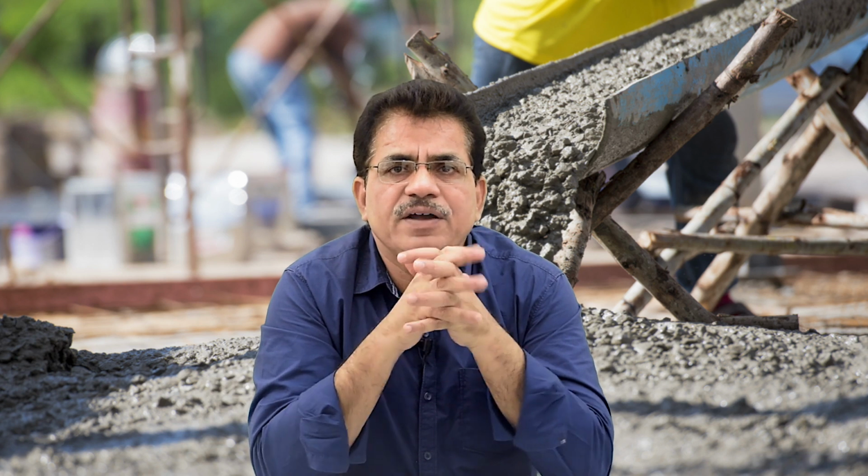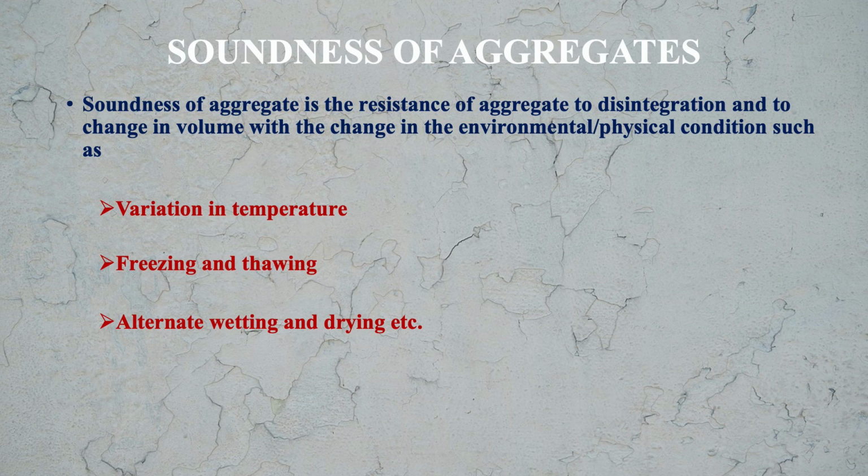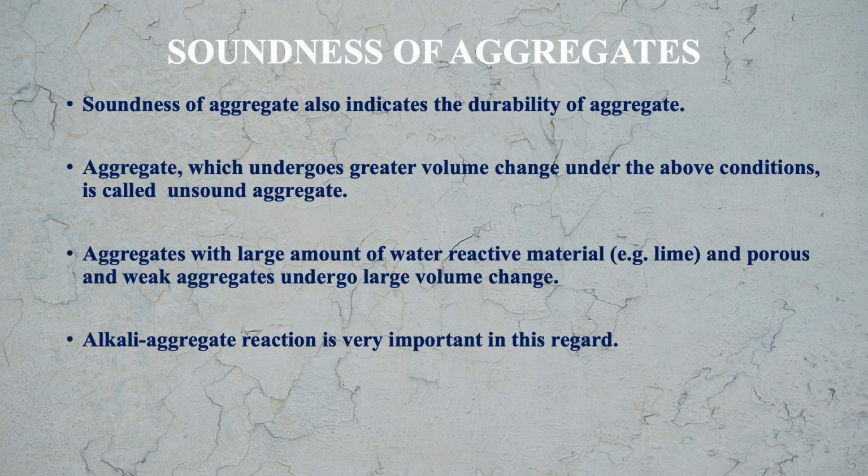Now the next test or property of the aggregate is soundness of the aggregate. Soundness of the aggregate is the resistance of aggregate to disintegration and to change in volume with the change in the environment or physical conditions, such as variation in temperature, freezing and thawing, alternate wetting and drying, etc. Soundness of aggregate also indicates the durability of aggregate.